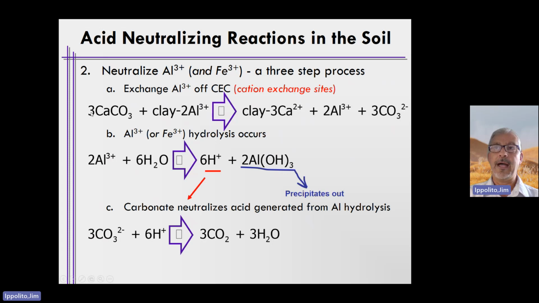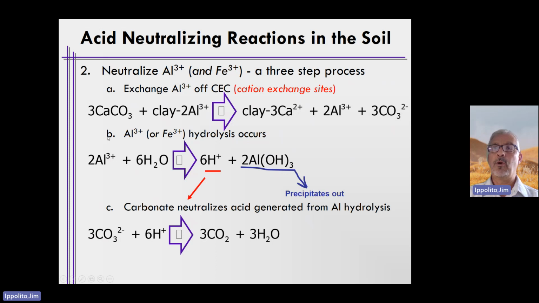We still use calcium carbonate, and that calcium kicks aluminum off the exchange sites. On the product side of this reaction, the calcium has removed aluminum. The aluminum now goes into the soil solution where it undergoes hydrolysis. We'll leave it at that. Here's CO3, okay? Carbonate. We'll come back to this one in a minute.